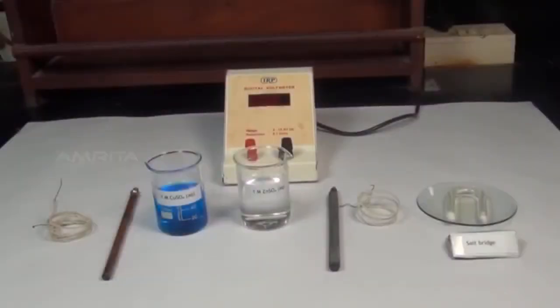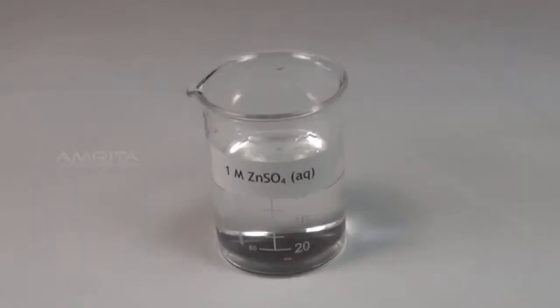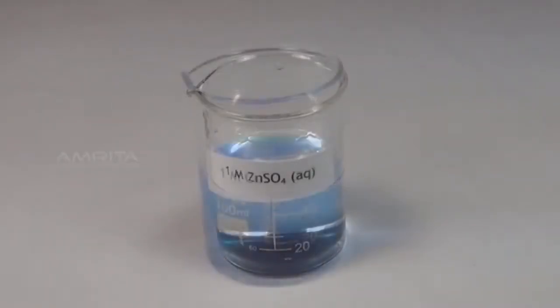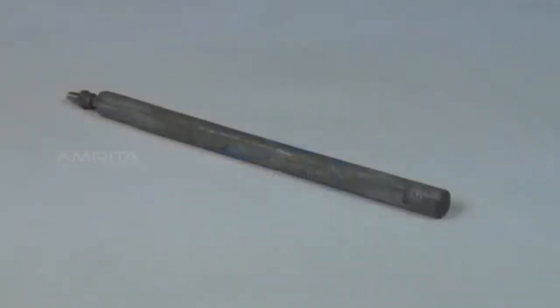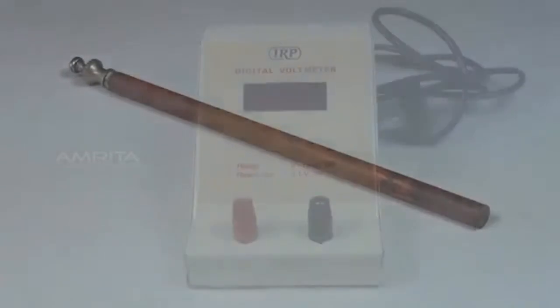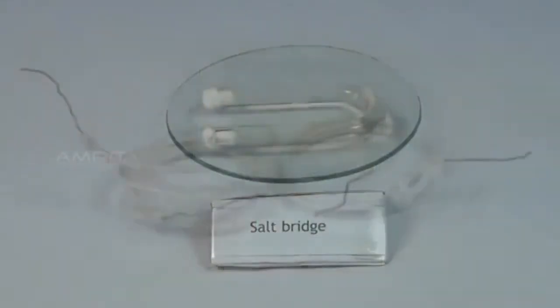Our aim here is to study the variation of EMF in the zinc-copper electrochemical cell with the change in concentration of electrolytes at room temperature. Materials required: zinc sulfate solution, copper sulfate solution, zinc rod, copper rod, digital voltmeter, salt bridge and connecting wires.